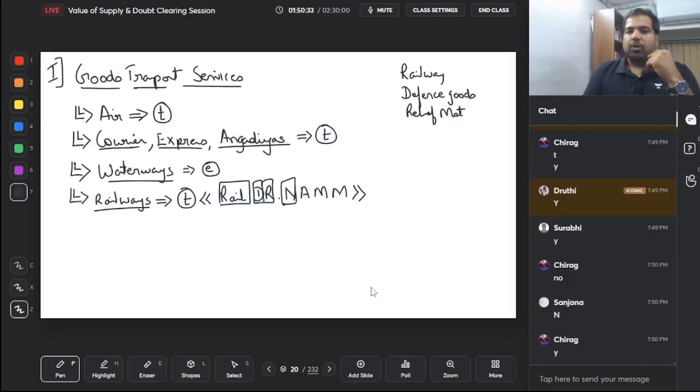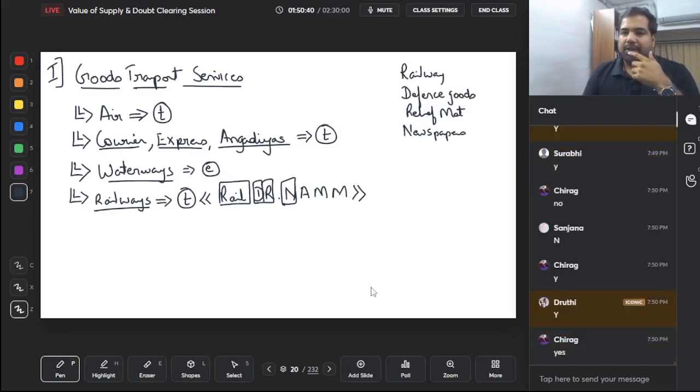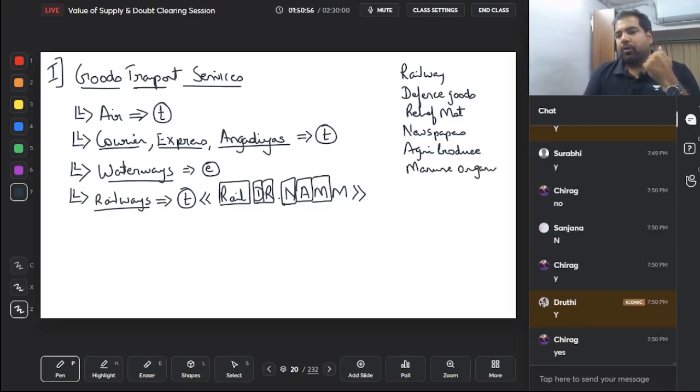Next, newspapers and magazines, guys, every morning we read them, they have to be transported, no GST on that. Next, agricultural produce, guys, agricultural produce means all your wheat, rice, all the agricultural produce. Next, manure, but which manure? Organic manure, not chemical, guys, organic manure.